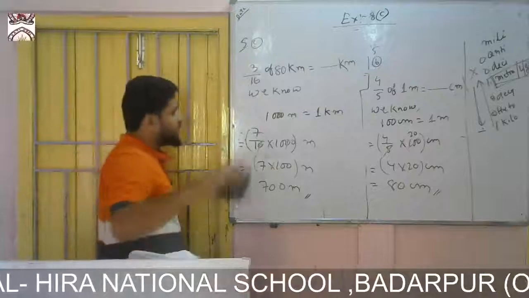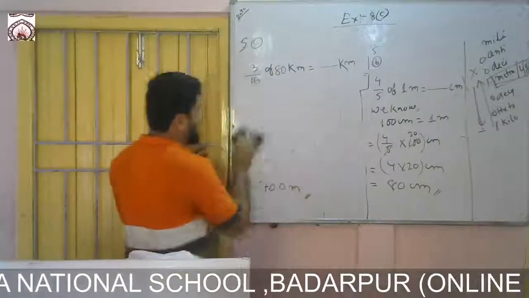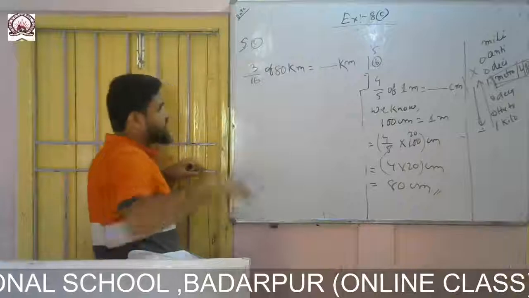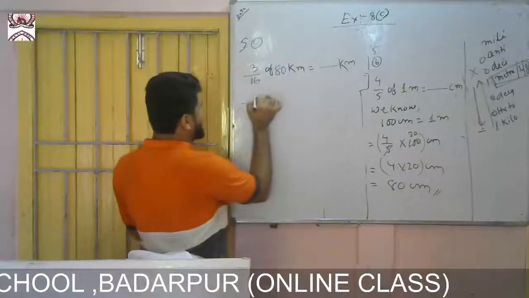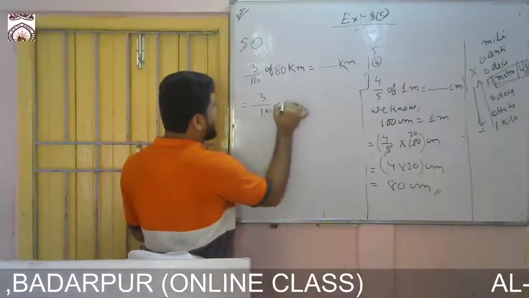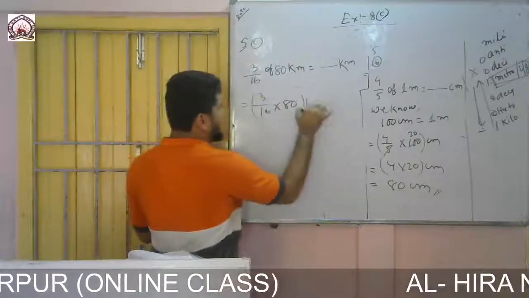So here no need of conversion, because both are in the same unit, kilometer to kilometer. So just multiplication. 3 by 16 into 80, then you write kilometer.